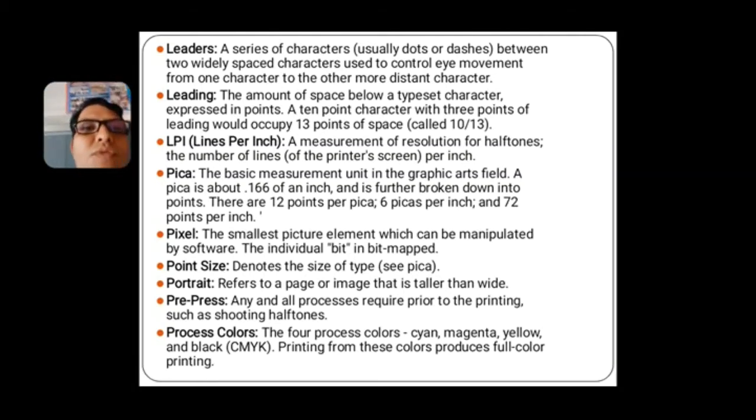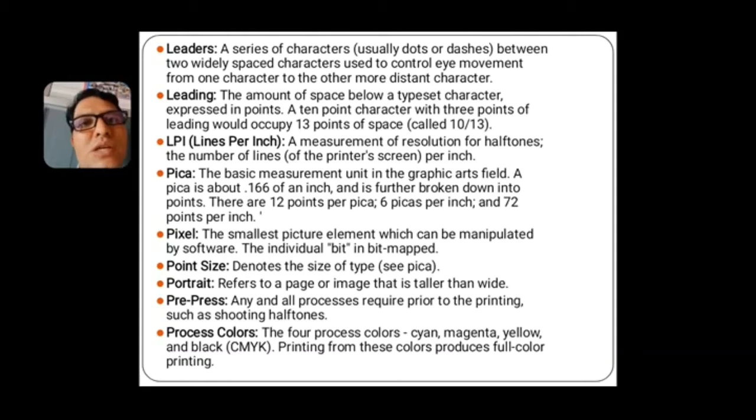And next one is pica, the basic measurement unit for the graphic art field. What is the basic measurement unit in the graphic art field? It is pica. A pica is about 0.166 of an inch and is further broken down into points.